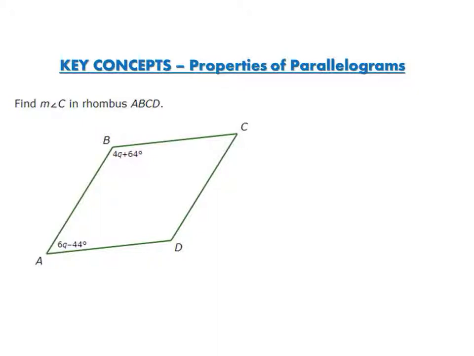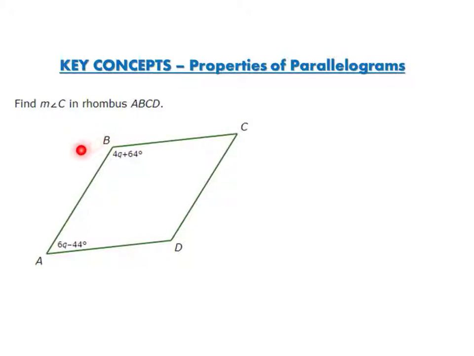Okay, this problem wants us to find the measurement of angle C, right? And there are no numbers or letters here, but they give us some for angles A and B, and we know that these two consecutive angles equal 180 degrees.